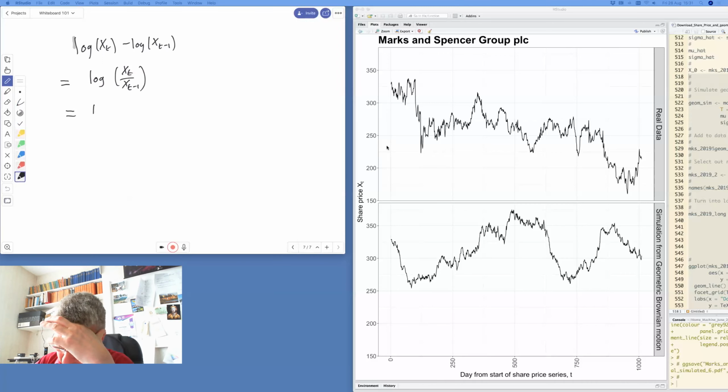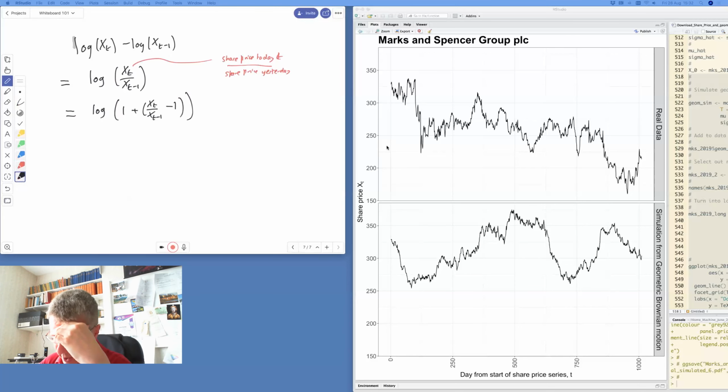I can write this now as the log of 1 plus xt over xt minus 1 minus 1. Just to state what this xt over xt minus 1 is: it is the share price today, if today is t, divided by the share price yesterday.